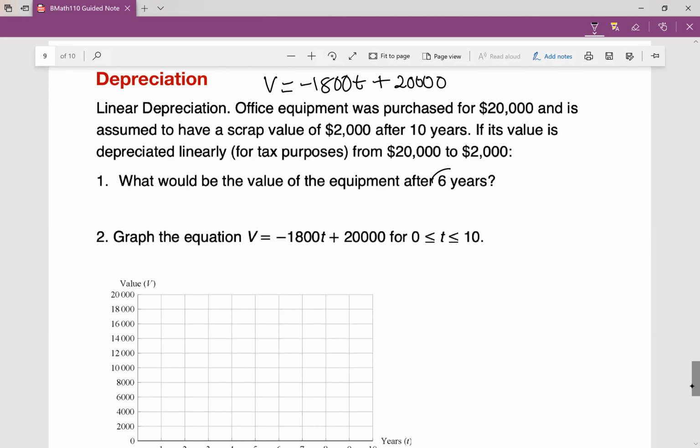Now they want us to find the value after 6 years. That means T equal to 6, and I plug in V equal to negative 1,800 times 6 plus 20,000. And now I have what? Okay, use the calculator.